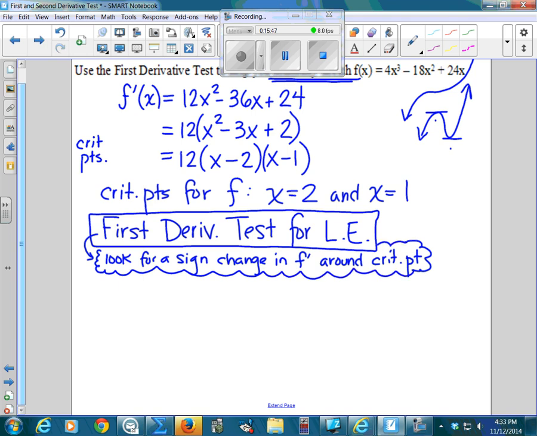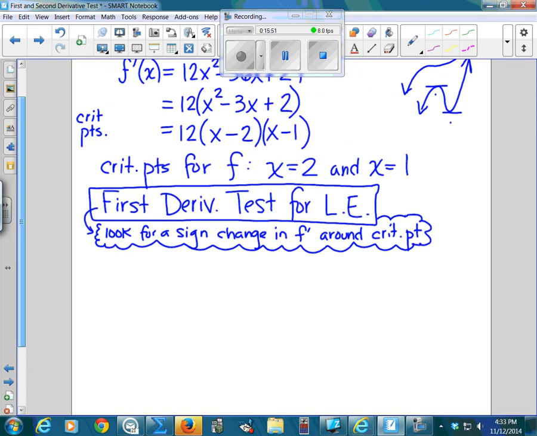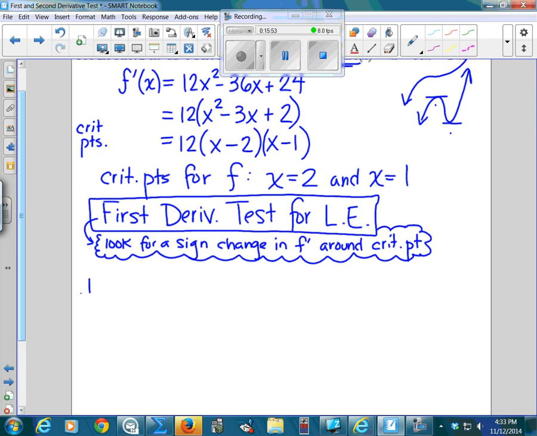So we look for a change in sign. So we say clearly to our reader, if x is less than 1. Now in calculus, this means just a hair less than 1. It doesn't mean 0 or -1 or 10 or anything else. It means I'm just less than 1. So you're like at 0.99 or 0.9, somewhere around there.